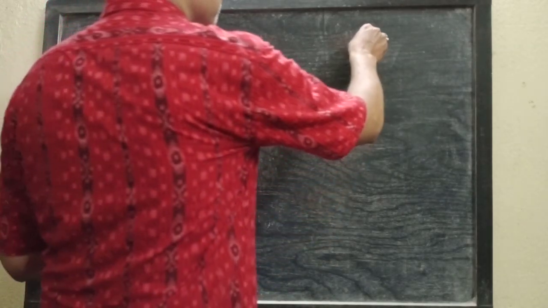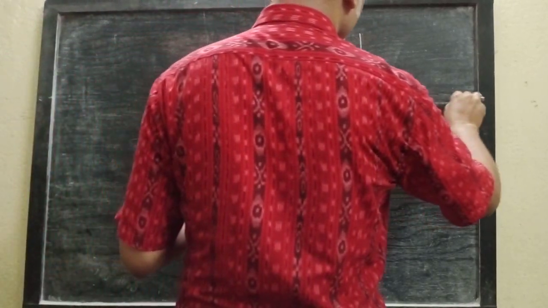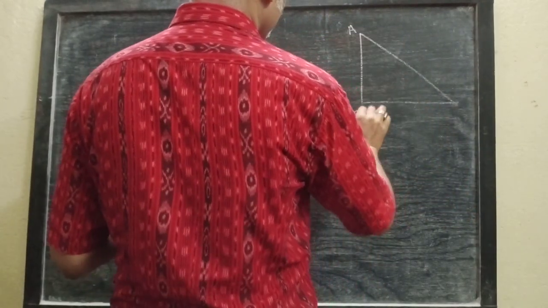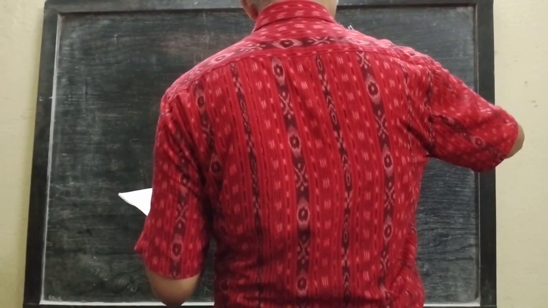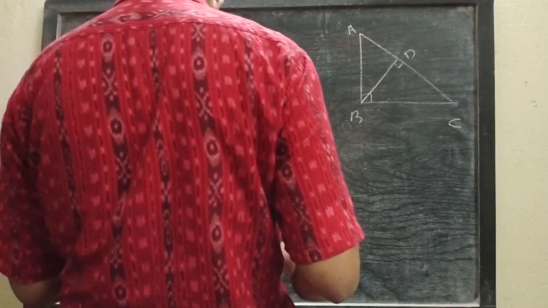ABC is a right triangle, right angled at B, and BD is perpendicular to AC.